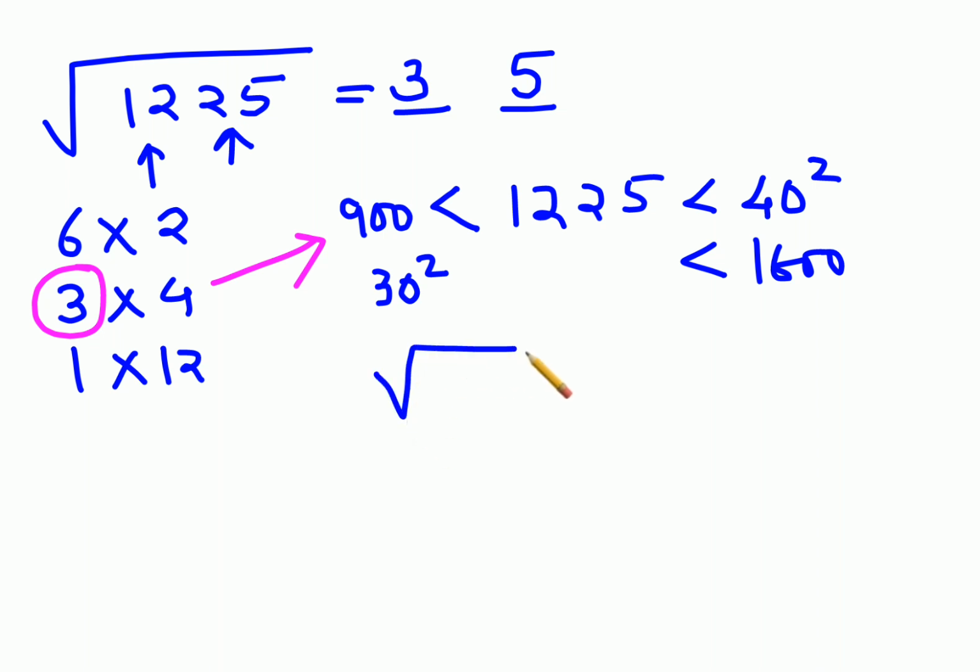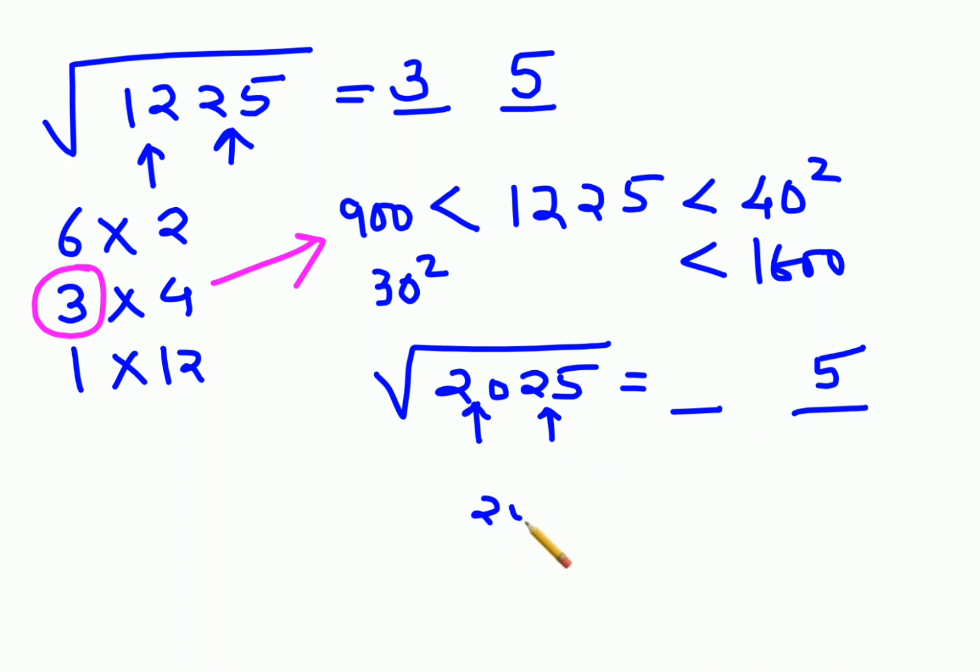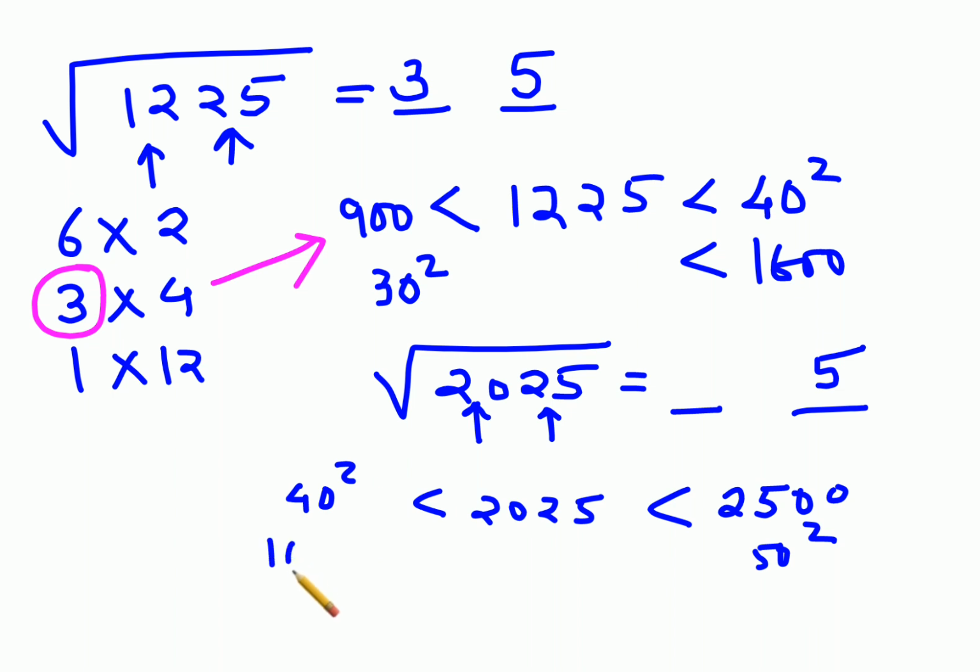Now similarly, we'll talk about 2025, which is this current year. Like I said, this will get split into two terms, and the square root of 25 is going to get you 5. Then let's focus on this. Now see, we have 2025. This is obviously lesser than 50 squared, which is 2500, and it is greater than 40 squared, which is 1600, right?